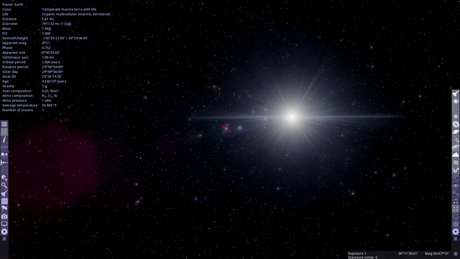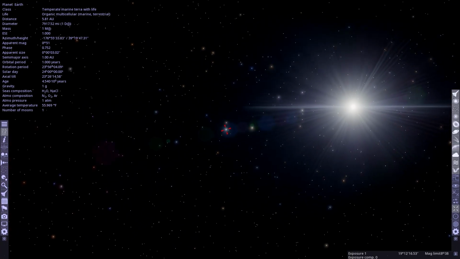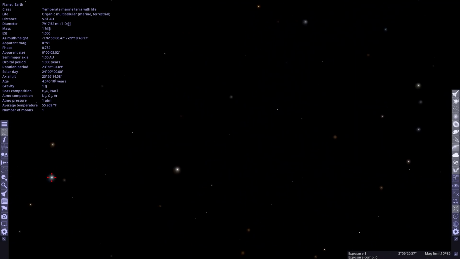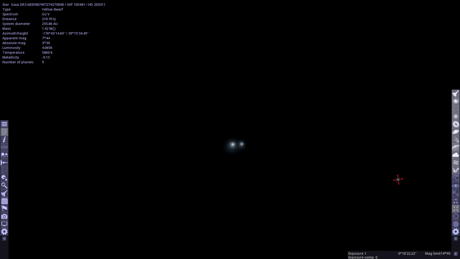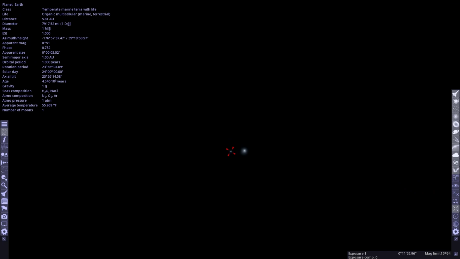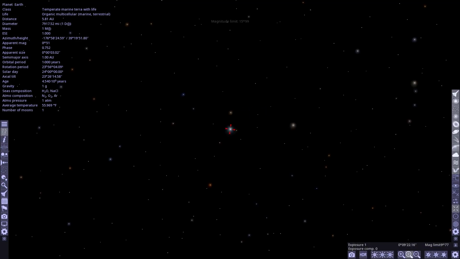Not really though, so let's zoom in on that. So this is what it would probably look like with binoculars. But then with a professional telescope, you can see this star right there. Now this is probably the best you're gonna get with a professional telescope. Like the blue of Earth, and maybe white of the moon, but not really anything else.